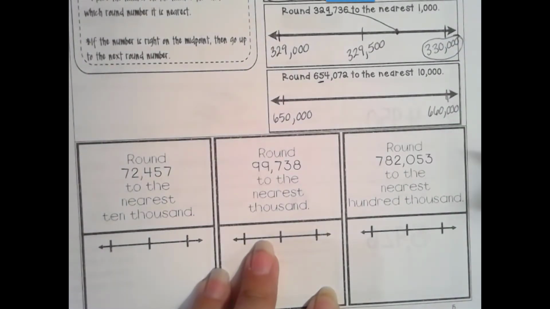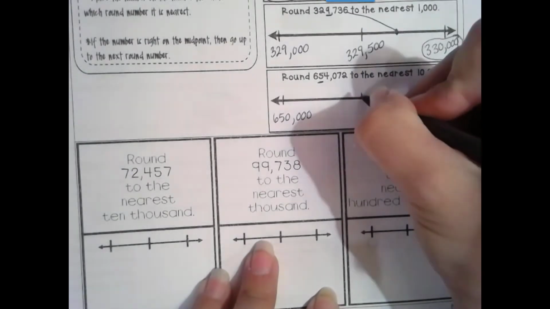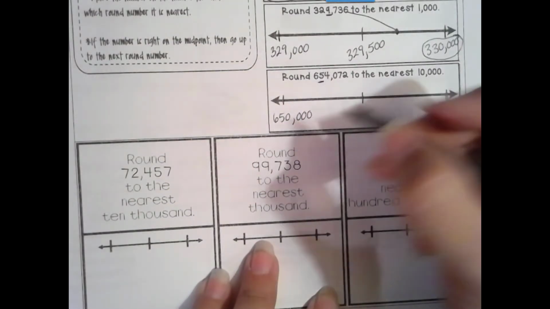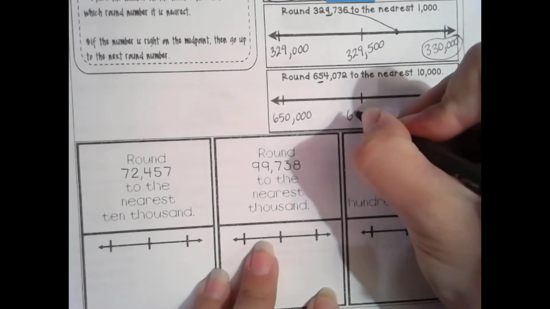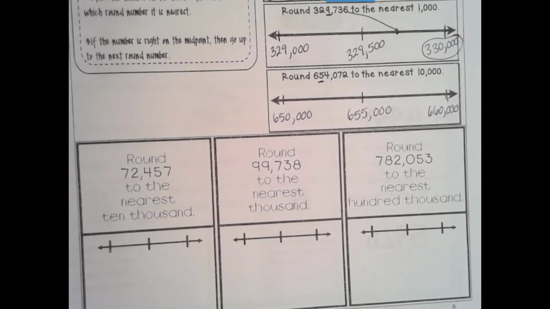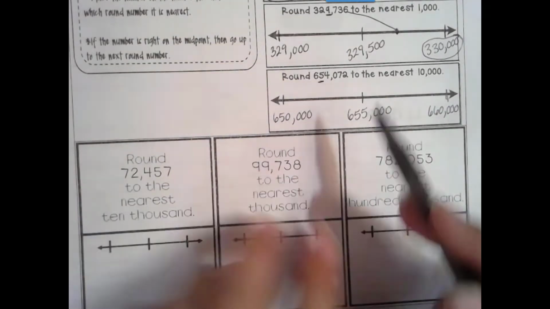Now we need to find our midpoint, our halfway mark, as our benchmark. Half of 10,000 is 5,000. So this would be 655,000. So that's our benchmark, and we want to see which side this number falls on.